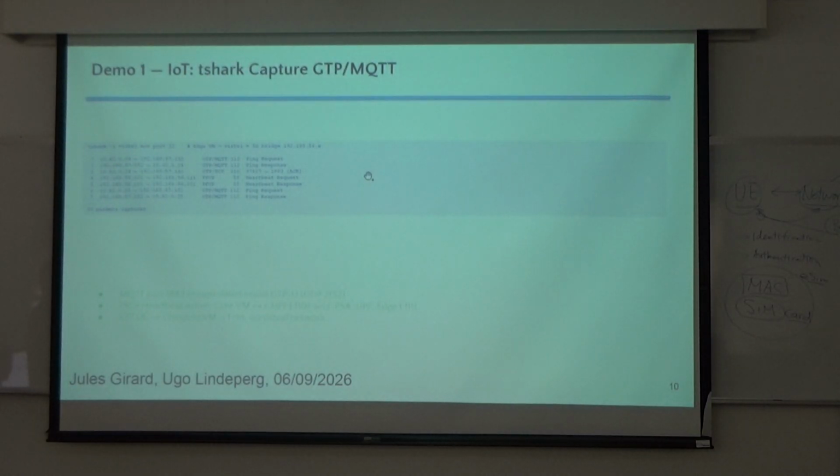We can capture the traffic with Wireshark and analyze it and see that the MQTT is encapsulated in the GTP frame, and we can see also this packet that's not MQTT.